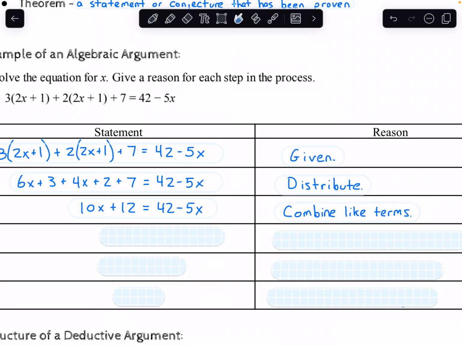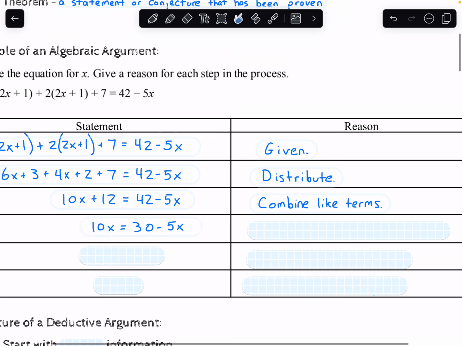Next, we will combine like terms to get our third statement. Then we subtract 12 from both sides. Again, depending on the teacher you had, you might write your reason as the process that you're doing, subtract 12 from both sides, or you might be citing the property such as the subtraction property of equality.